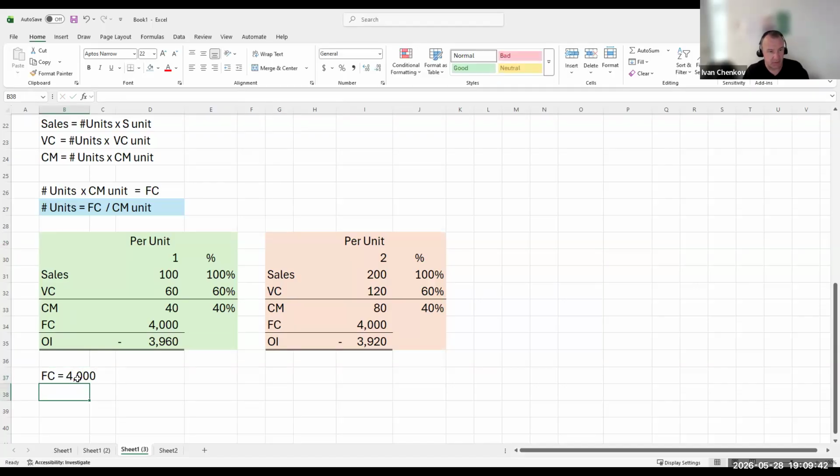And on the single product, my sales price is $100. My variable cost is $60. And my contribution margin is $40 per unit.